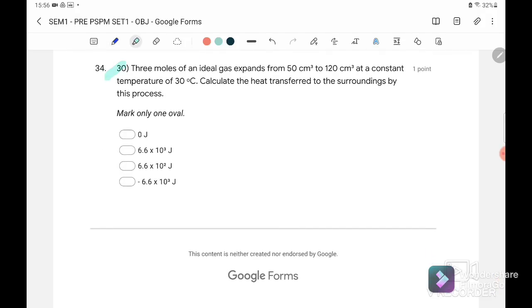Number 30, the last question. 3 moles of an ideal gas expand from 15 cm3 to 100 cm3 at a constant temperature of 30 degrees Celsius. Calculate the heat transferred to the surroundings by this process. Now we want to find the heat transfer, Q. Q equals the change in internal energy plus work done.